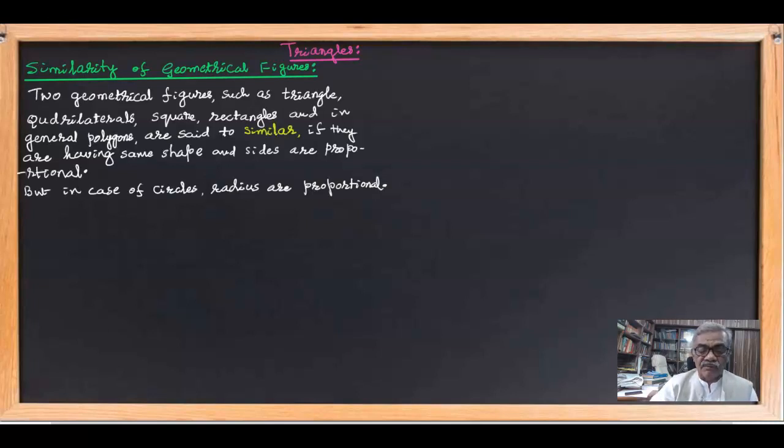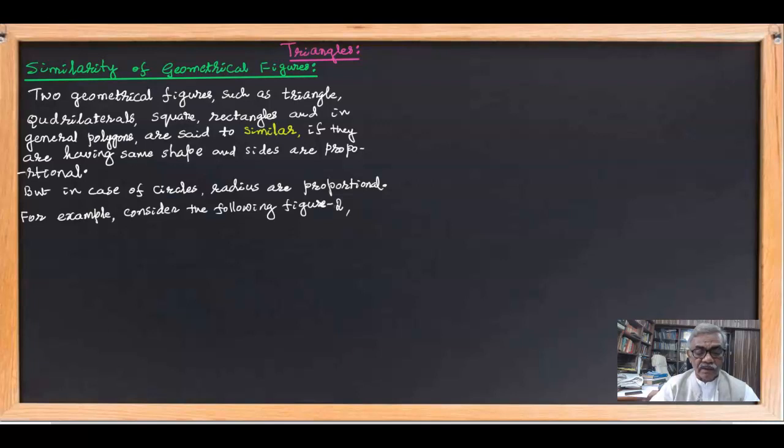Two geometrical figures such as triangles, quadrilaterals, squares, rectangles and in general polygons are said to be similar if they have the same shape and the sides of the geometrical figures which we are going to consider are proportional. Then only we say that two geometrical figures are similar.